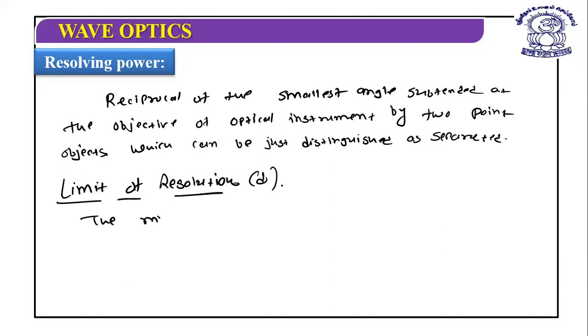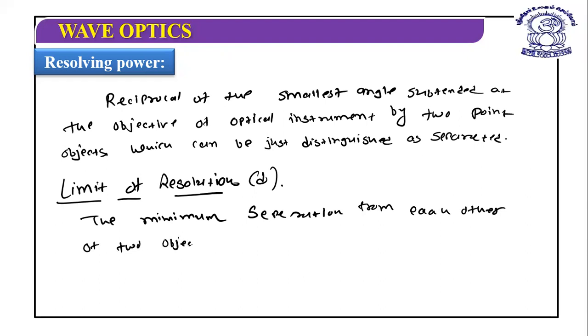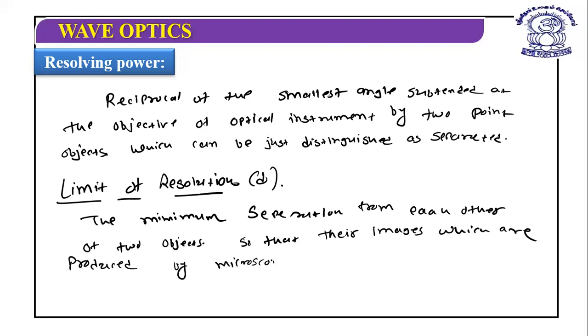It is the minimum separation from each other of two objects, so that their images produced by microscope are just seen separate.